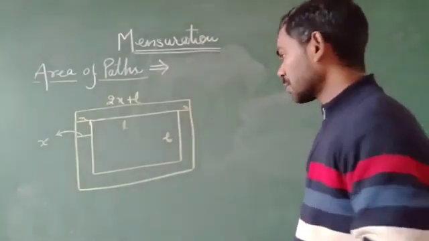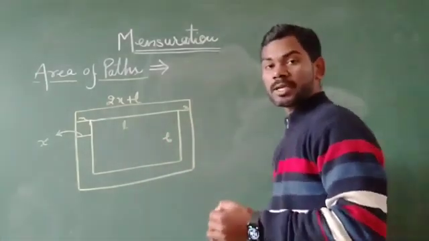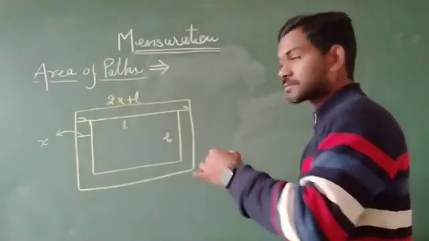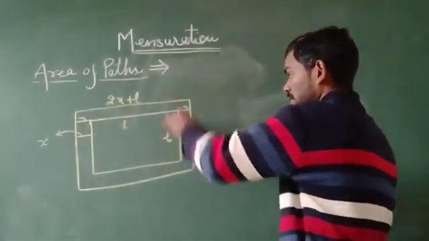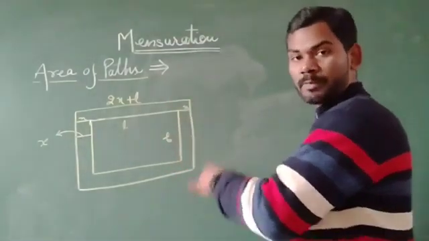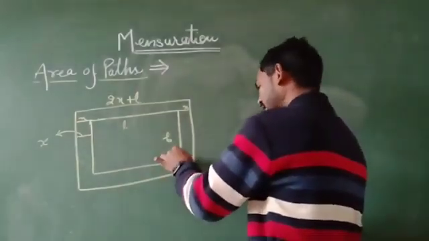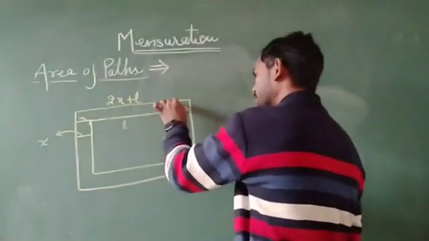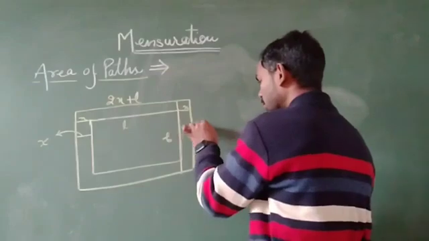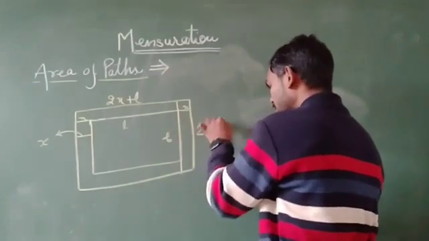Similarly, if we talk about the breadth of the rectangle including the thickness of path, it becomes x unit downward and x unit upward, then it becomes 2x plus b.